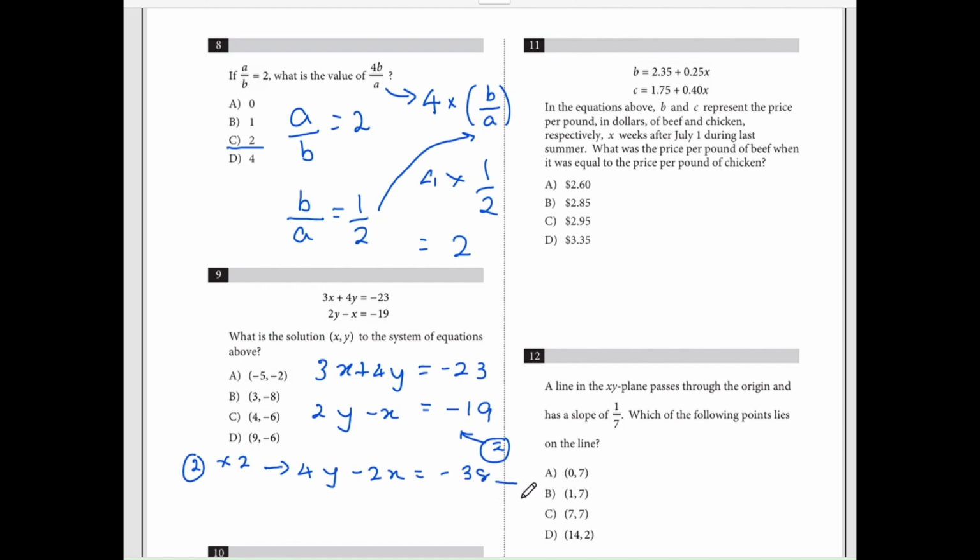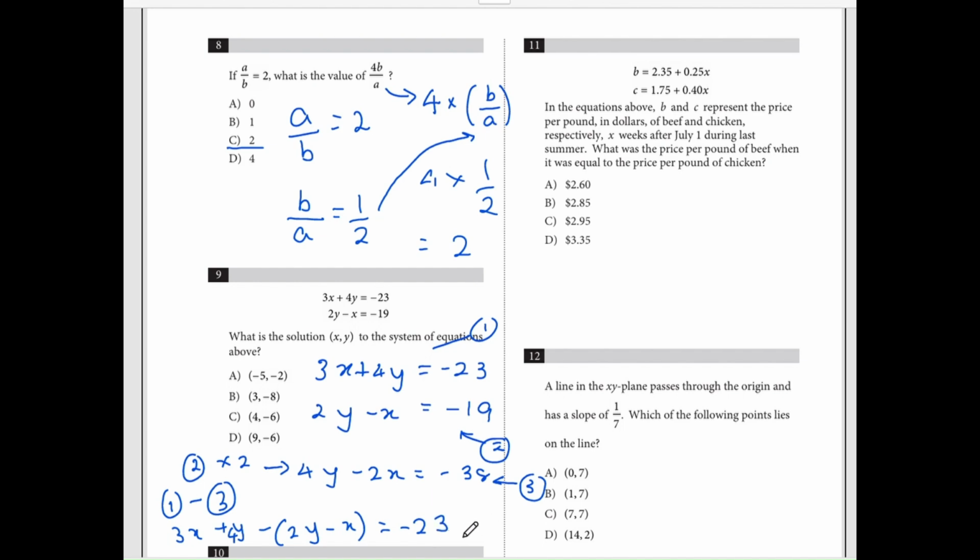This becomes equation 3. Then simply we can subtract equation 1 from equation 3.